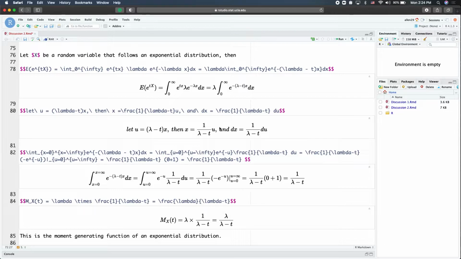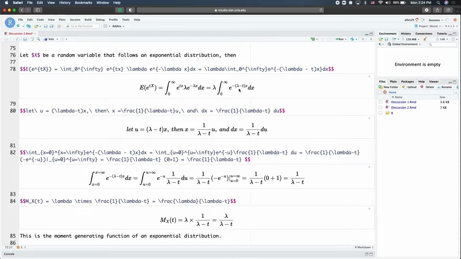Instead of what is on the slides, I recalculated from scratch. So we take the integral of e to the tx multiplied by f of x, where this part is the PDF of the exponential distribution, with lambda outside as a constant, and we evaluate this integral.